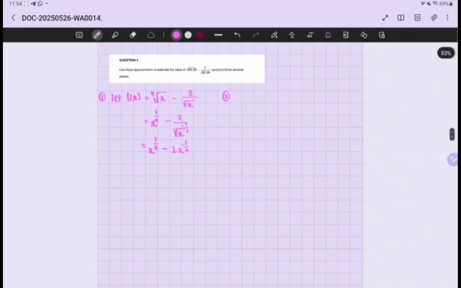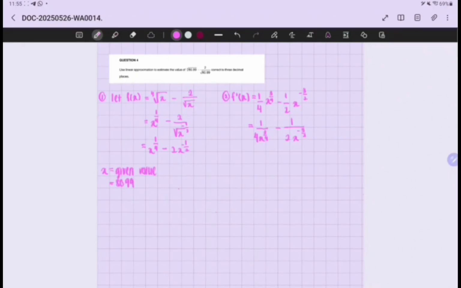And then, finding its derivative f prime x equals 1 over 4 x to the power of negative 3 over 4 plus x to the power of negative 3 over 2. To approximate the value at x equals 80.99, a nearby value x naught equals 81 is chosen.